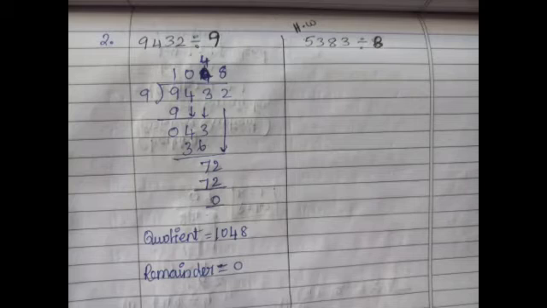Now we have 43. In 43 we have 4 nines are 36. 43 minus 36 is 7. Next bring down the last number 2, 72. 8 nines are 72. So the sum is over now. Quotient is 1048. Remainder is 0. One more sum is given for you as an assignment. Do it, children.